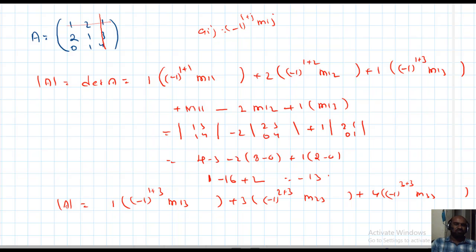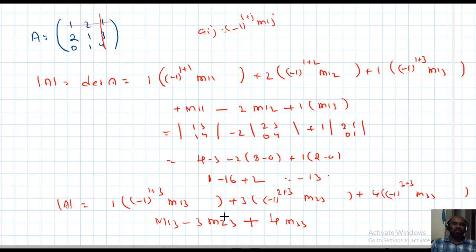The signs: 1 plus 3 is 4, so plus M13. 2 plus 3 is 5, minus 1 power 5, so minus 3 into M23. And plus, even, 4 times M33.